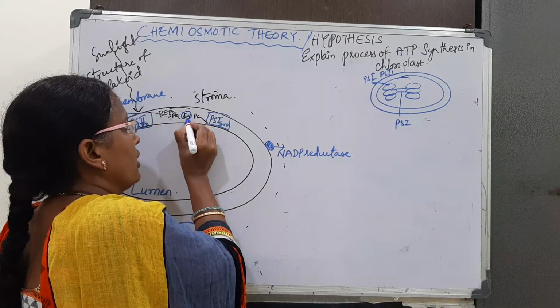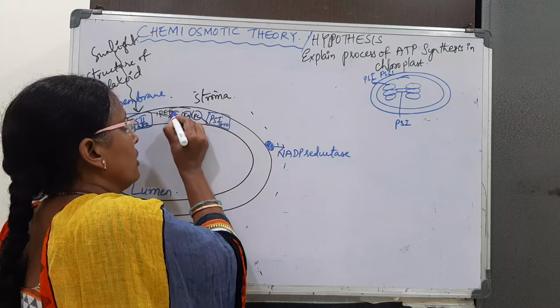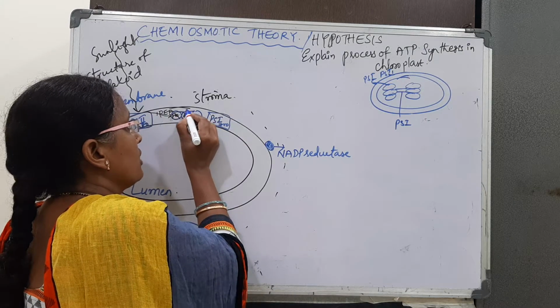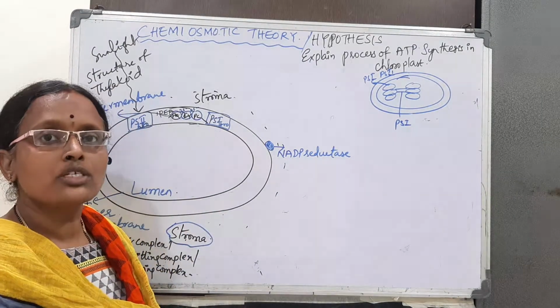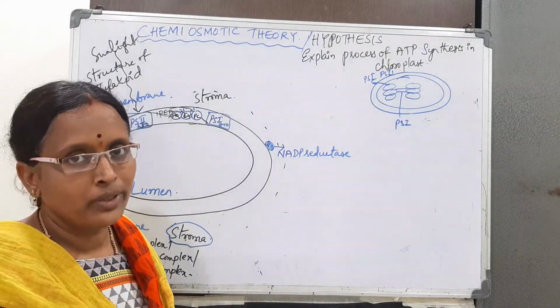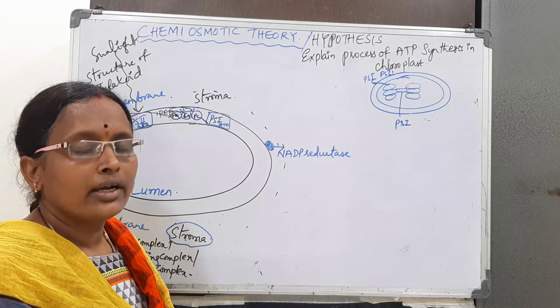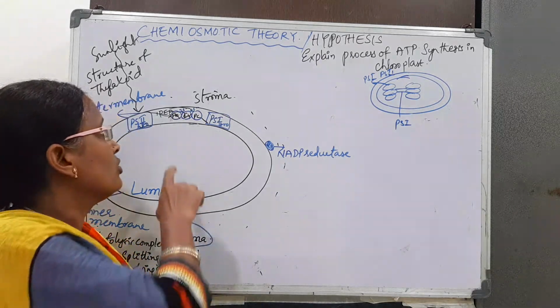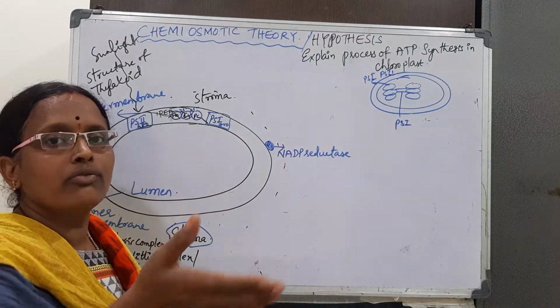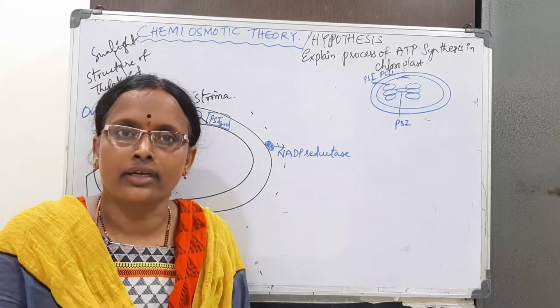Here we are recollecting the non-cyclic photophosphorylation. In non-cyclic photophosphorylation, first photosystem 2 is activated, and the activated photosystem releases the electrons, and the electrons pass through the different electron carriers.